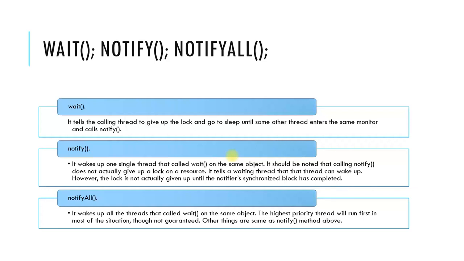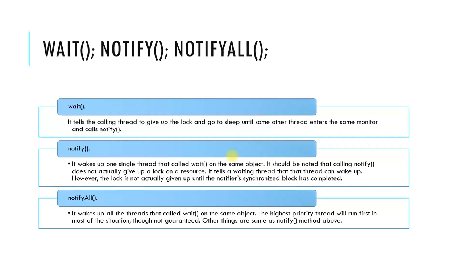Monitor means the object from where we call the wait method. The notify method will wake up one single thread that called wait, but it will not guarantee which thread. We cannot specify which thread will be woken up.